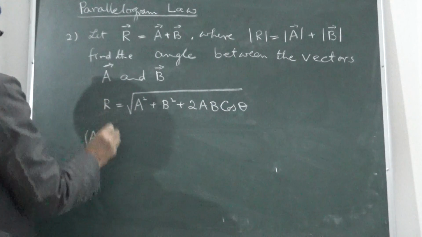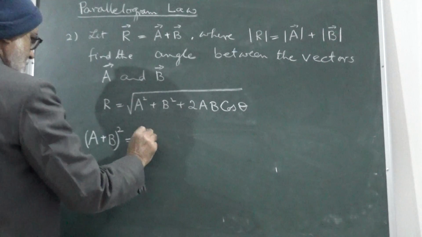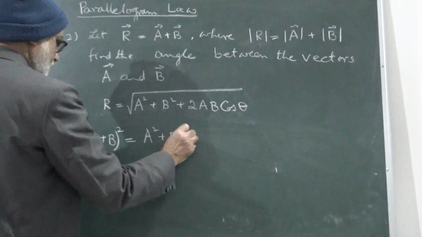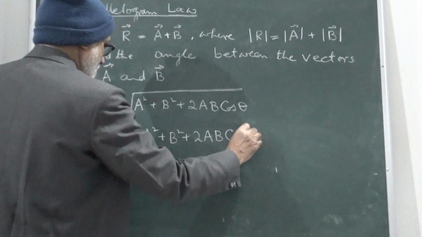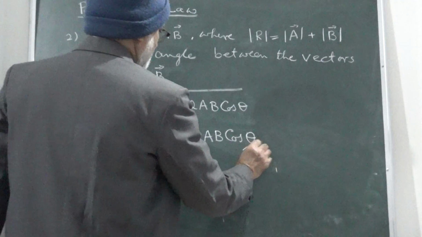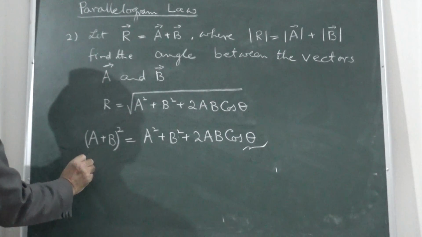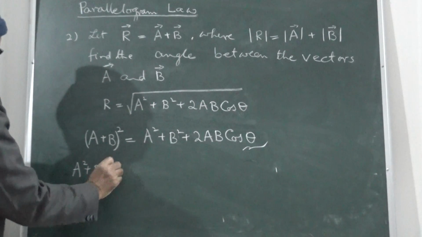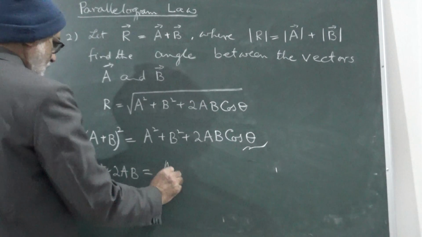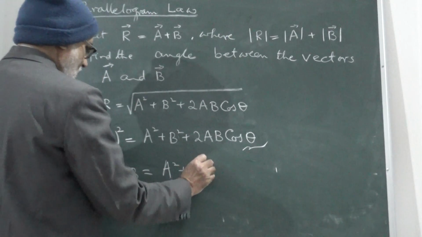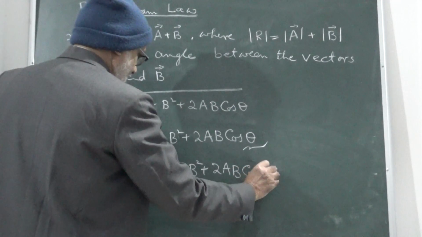So it is A plus B. If you take the square of the left hand side, the root will finish here. So it will be A square plus B square plus 2AB cos theta. Now theta is to be found out. So on this side we have A square plus B square plus 2AB, and on the other side we have A square plus B square plus 2AB cos theta.